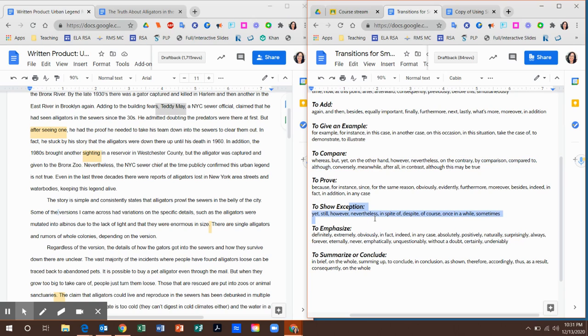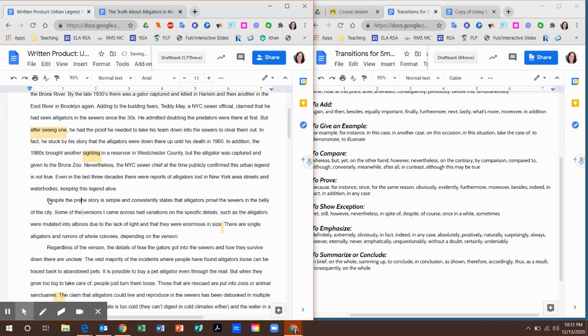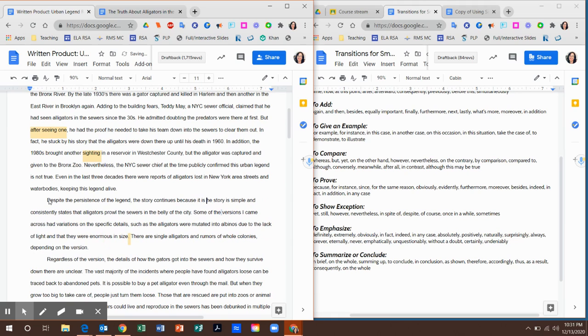So maybe showing exception. This word despite, that might help me, because despite the persistence of the legend, right? Yeah, maybe I could say something like that. Okay, so despite the persistence of the legend, the story continues because it is simple and consistently states.